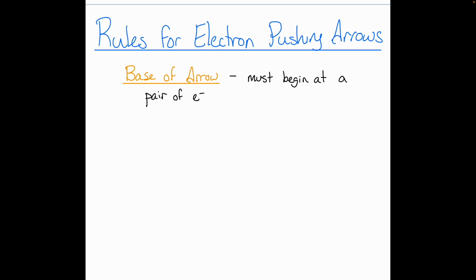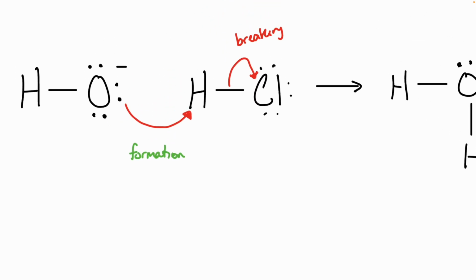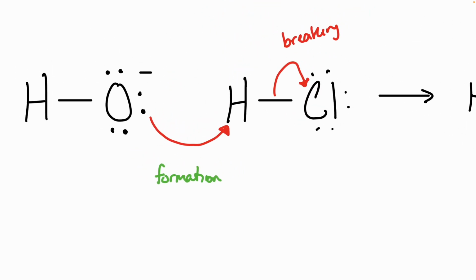All right, so let's convince ourselves real quick. If we're zooming in just on this step here, my bond formation arrow, the base of my arrow is at this lone pair, right? My base of my arrow has to start at a pair of electrons. Likewise, this arrow, the base of the arrow, is starting at that pair of electrons.